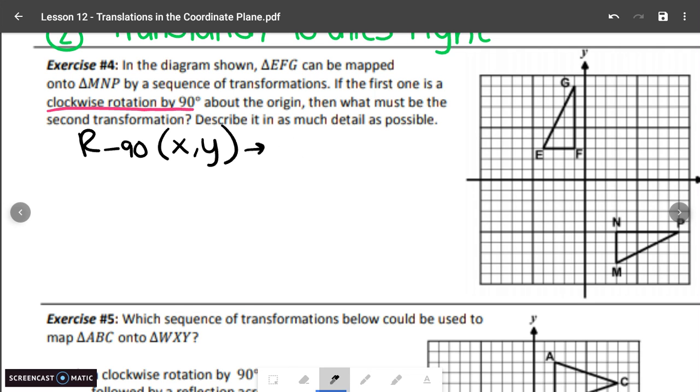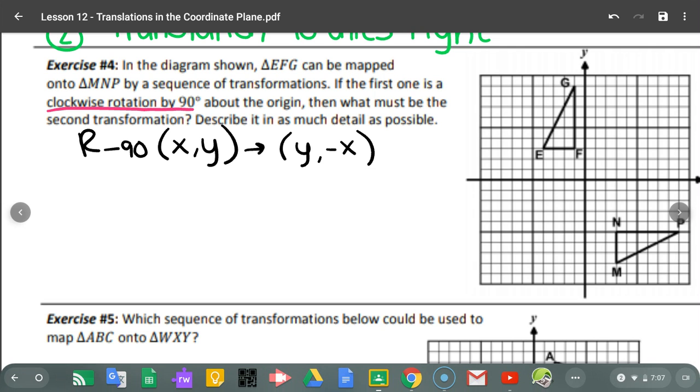It's the same as a rotation of 270. So be careful. If you rotated 270 degrees or clockwise 90 degrees, these would have been my new coordinates for E prime, F prime, and G prime. So that rotation would have gone into the first quadrant.